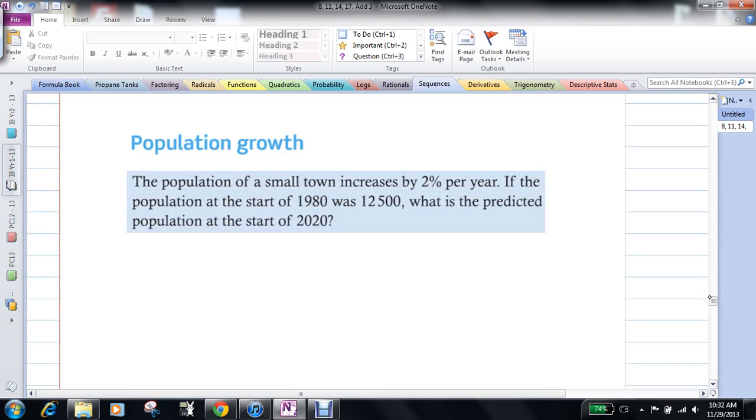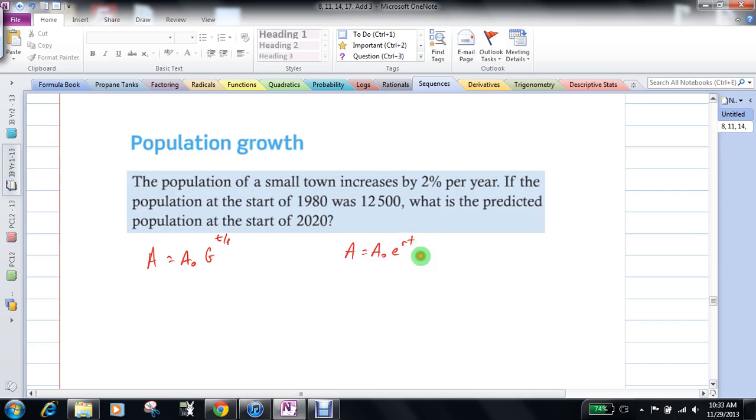The population growth. Yes, this is geometric in the sense that it's increasing by 2% per year. We are multiplying it by a common ratio of 1.02 every year. But it's easiest just to continue on with the formula that we played with: A equals A naught G to the little t over P. Now remember, we talked about another formula that was A equals A naught e to the rt.